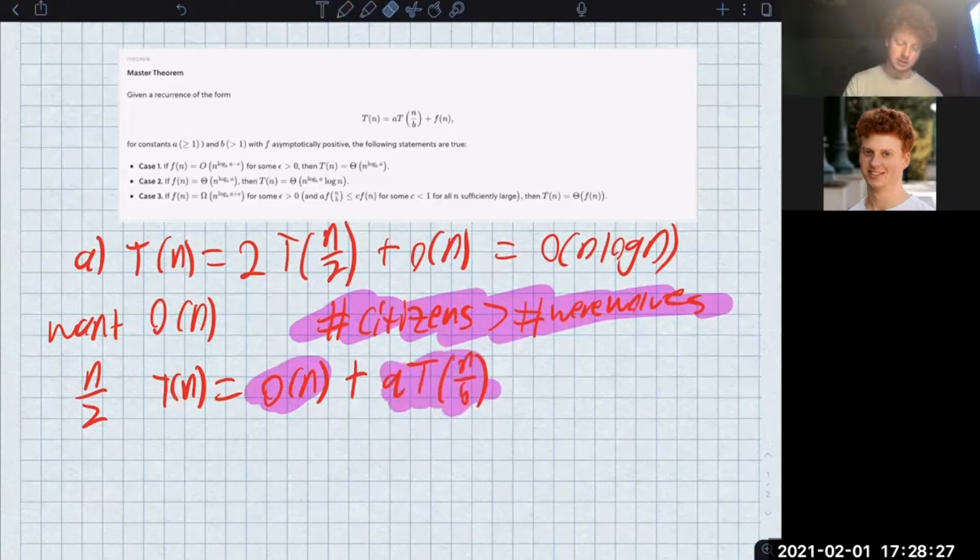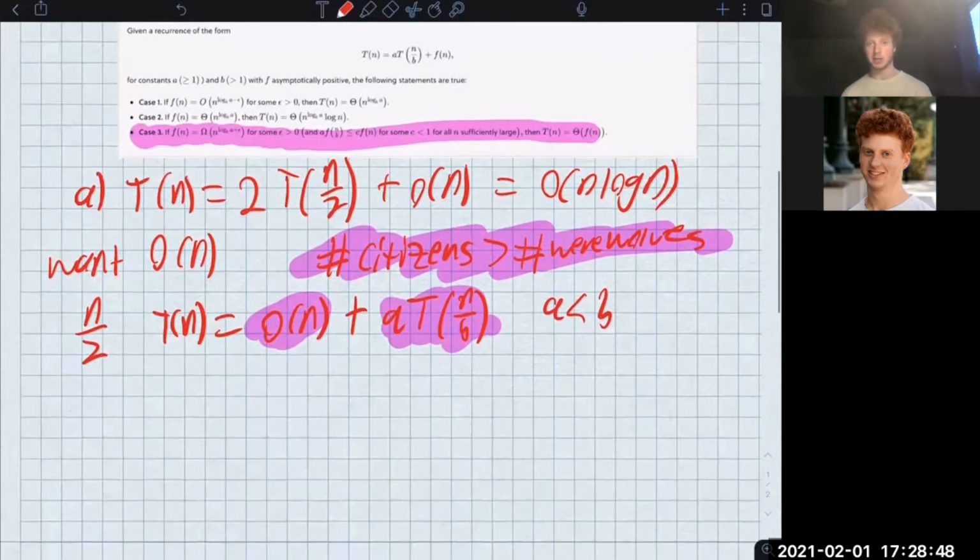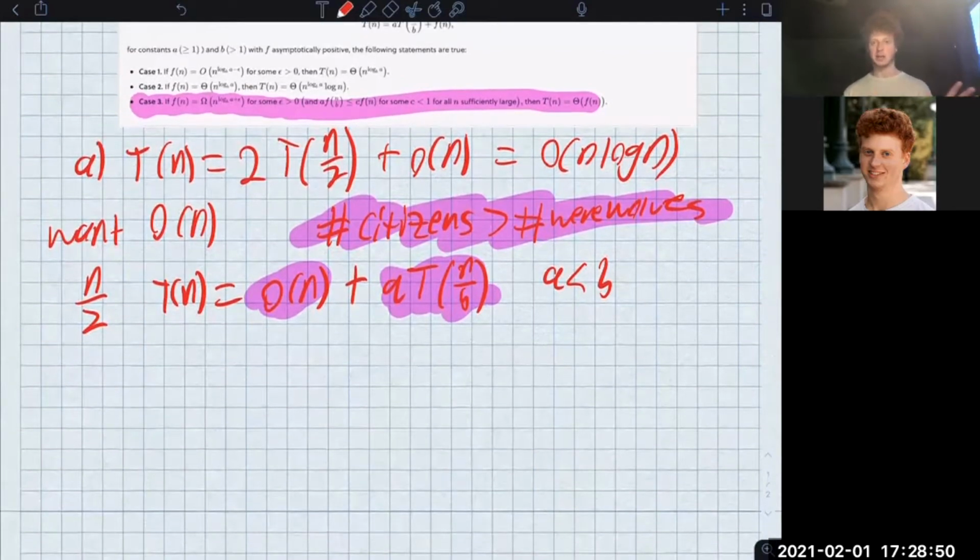I'll leave the nitty-gritty math to you, but by understanding the Master theorem, we know that this only happens when a is significantly less than b, or pretty much when we divide n by something greater than the branching factor, where a is the branching factor. So how are we going to do that? We can't just divide the whole group into subgroups and immediately recurse on all of them like we did in part A. We're going to have to find a way of eliminating people before we recurse.